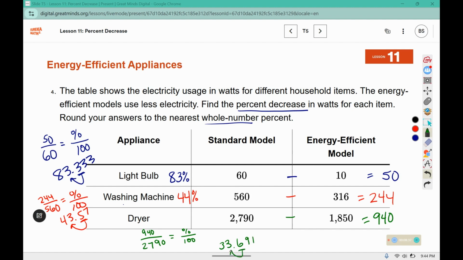The 6 is more than 5, so it makes the 3 round up to a 4. So the percent decrease in watts for the light bulb was 83% decrease. The washing machine was a 44% decrease, and the dryer was a 34% decrease.